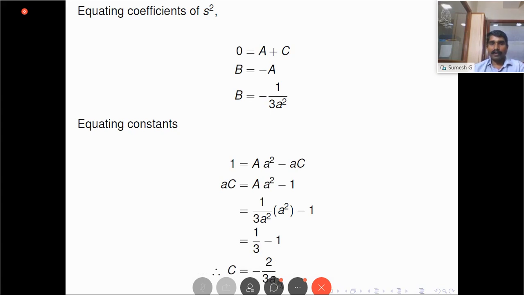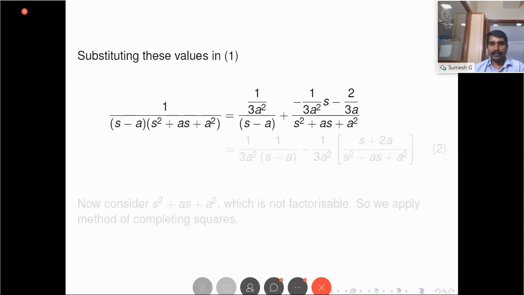Now we have the values of capital A, B and C, which can be substituted in equation 1. So equation 1 becomes 1 by 3a square divided by s minus a plus minus 1 by 3a square into s minus 2 by 3a divided by s square plus as plus a square.